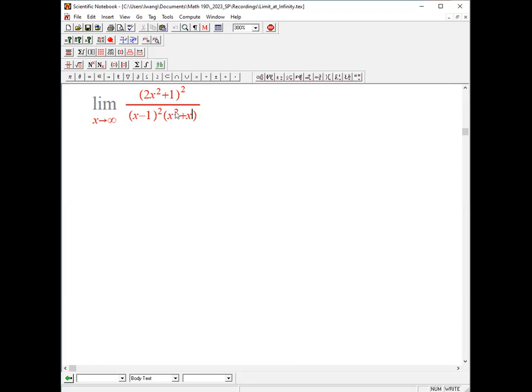If you do, you can certainly do that. If you FOIL everything, you will get polynomials on top and polynomials on the bottom with the power 4. And I leave that for you if you want to do that. But I would do it differently because I want to maintain that factor form. Because we have the limit law, which is multiplication. We have the multiplication limit law, right?